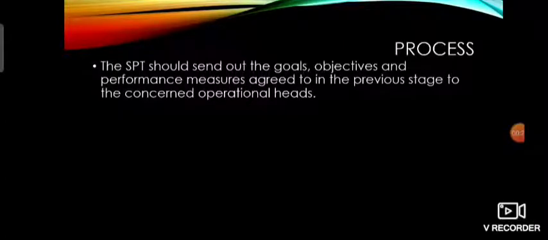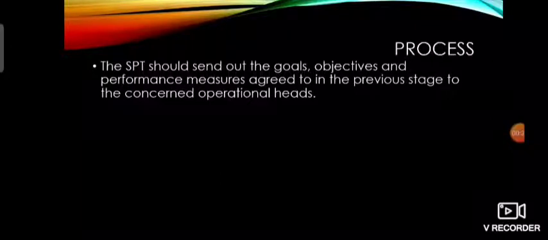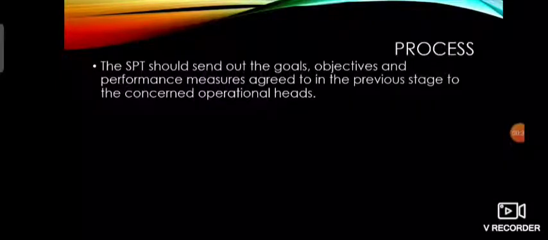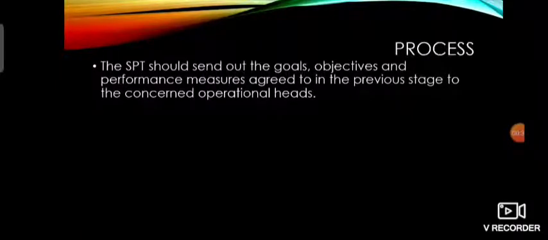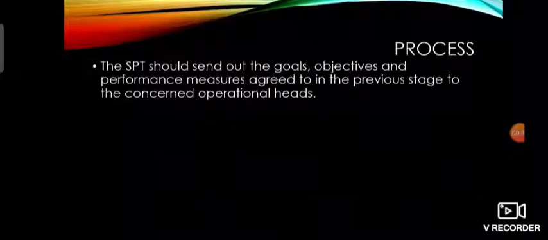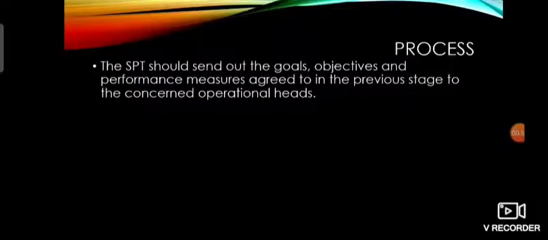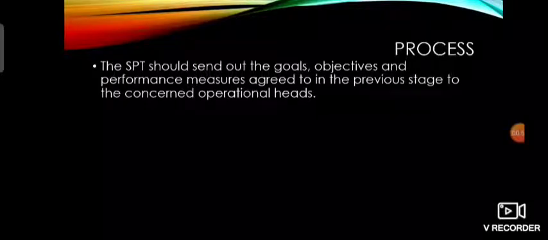Now, we already know what our objectives are, also the goals, and of course, performance measures. This was discussed in our midterms. So, these goals, objectives, and performance measures that were discussed should be given to the operational heads, for example, department heads of the organization.